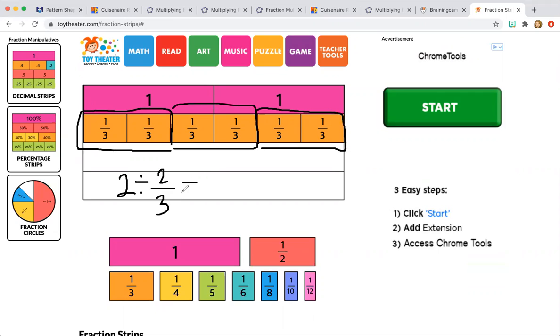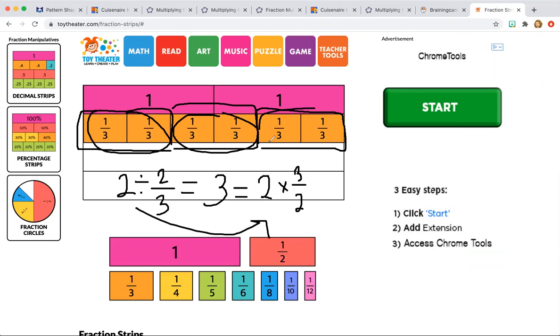So 2 divided by 2/3 is 1, 2, 3, which is the same as 2 times 3 divided by 2, right? We still see the same exact procedure, but it doesn't really have to do anything with the flipping. It has to do with how many times 2/3 fits into this dividend, how many times 2/3 fits into 2.